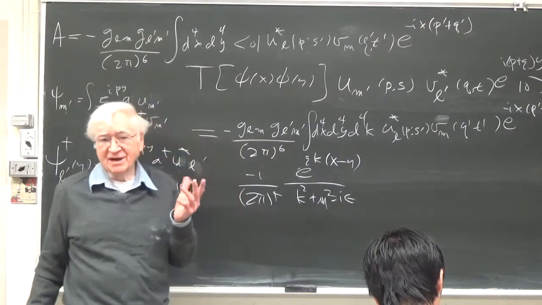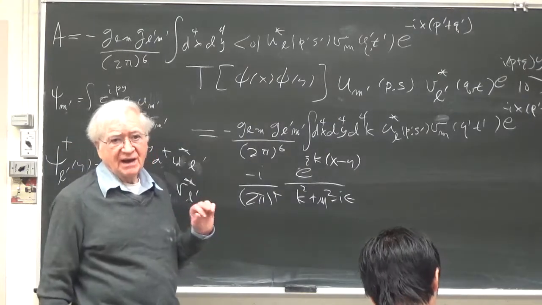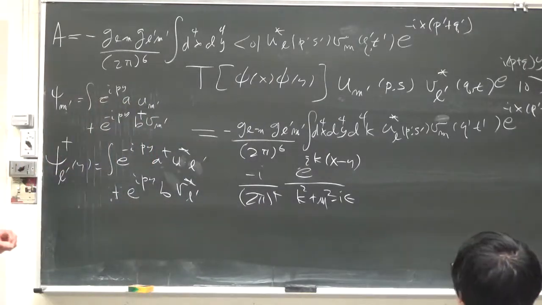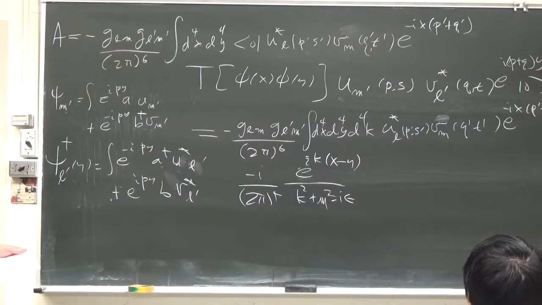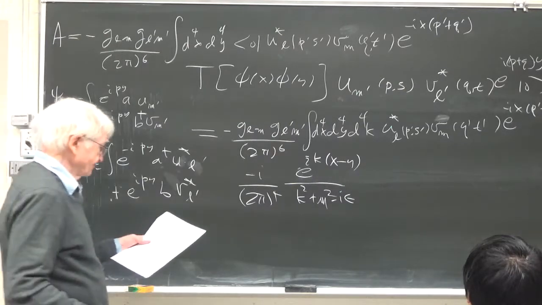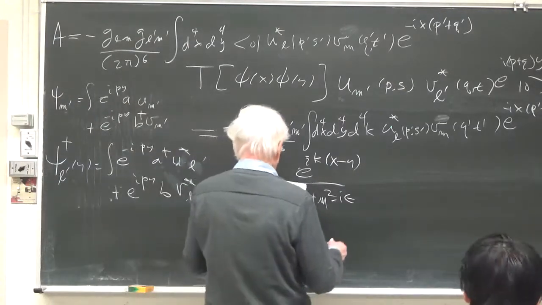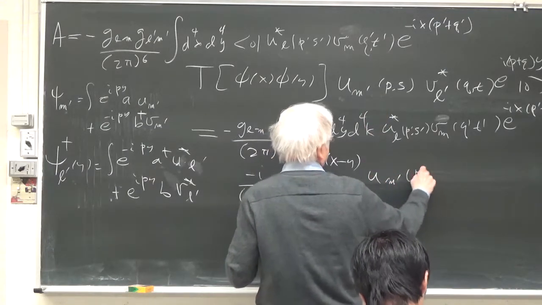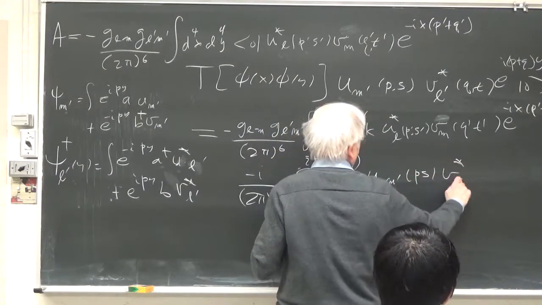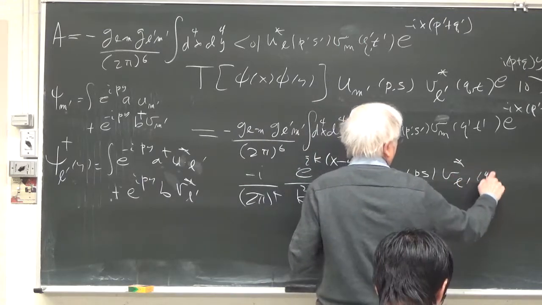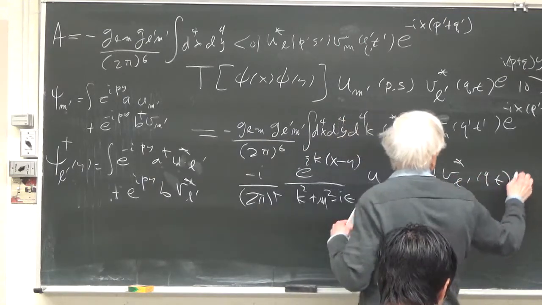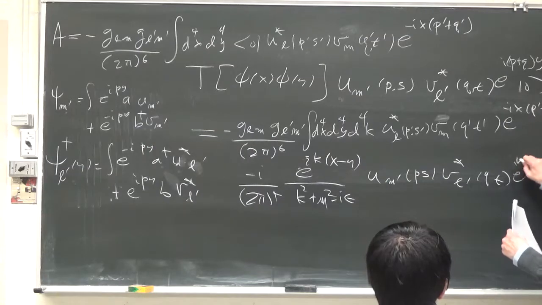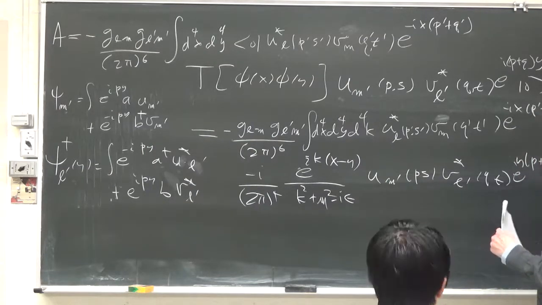That's why fermion lines have an arrow, and well, charged boson lines sometimes have an arrow for the charge. Anyway, what's left then here is UM prime of P and S, V star L prime of Q and T, and e to the i y dot (P plus Q).